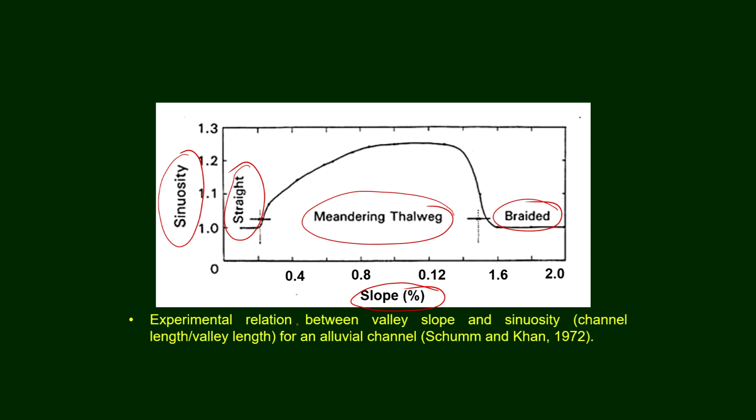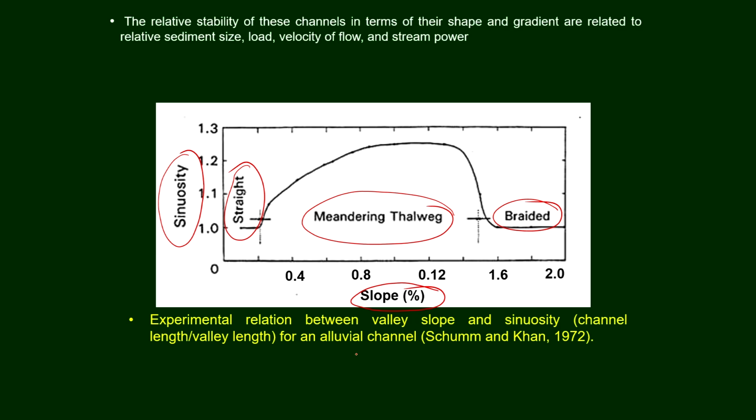Okay. So, the channel pattern overall changes as the slope increases. So, this is the experimental relation between the valley slope and the sinuosity, the channel length by valley length, and mainly for alluvial channels. The relative stability of these channels in terms of their shape and gradient is related to relative sediment size, load, velocity of flow, and stream power.